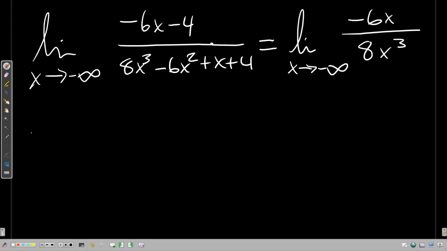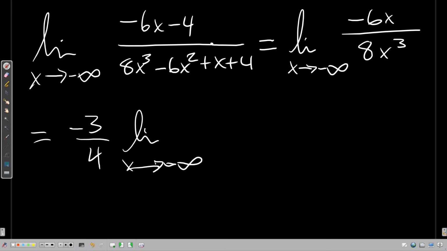These limits are equal. Now I want to do some simplification. 6 over 8 is 3/4, and it's negative, so a minus 3/4 out here, and it's the limit as x goes to minus infinity of 1 over x squared.